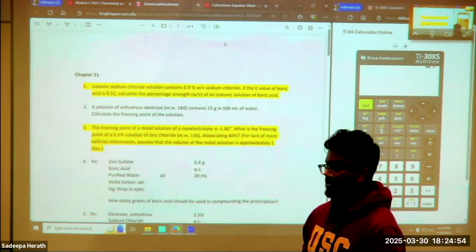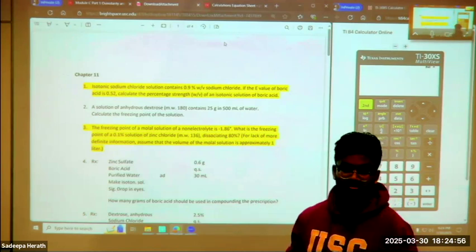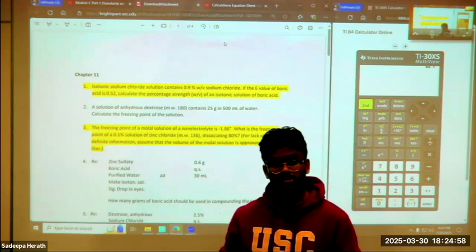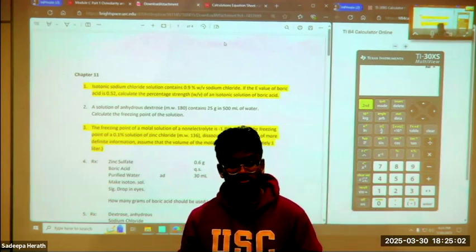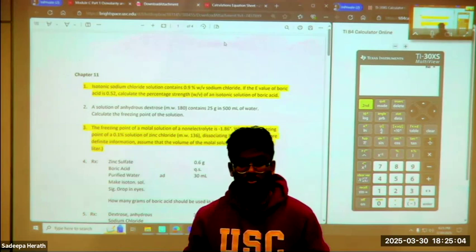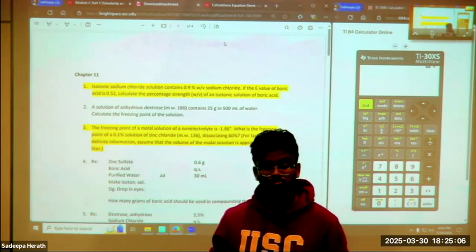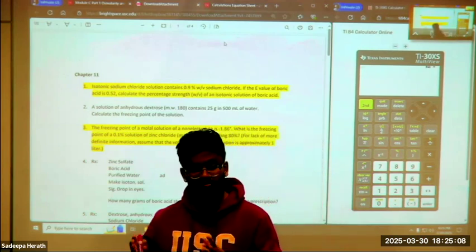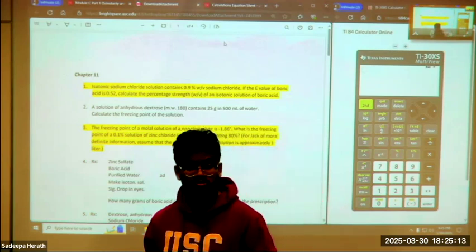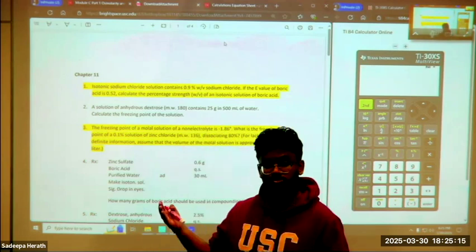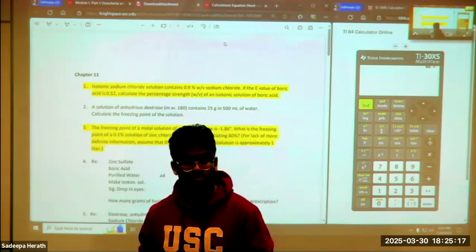So for looking into isotonic solutions and calculating different parts to make an isotonic solution, the best way to go about it is to make all components equal to one category. And so for isotonic solutions, that's making everything equal to a sodium chloride equivalent.